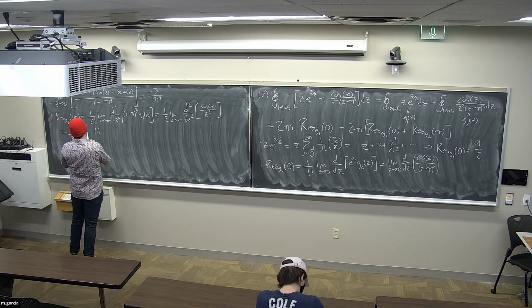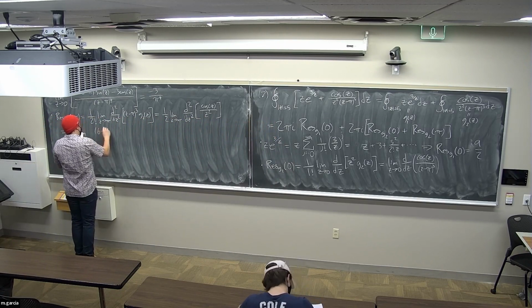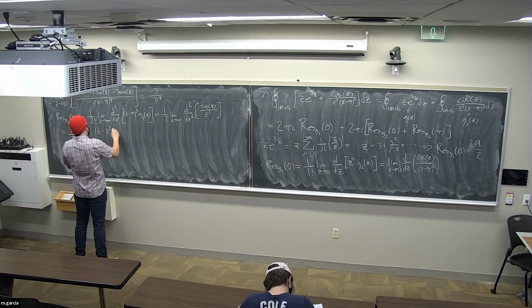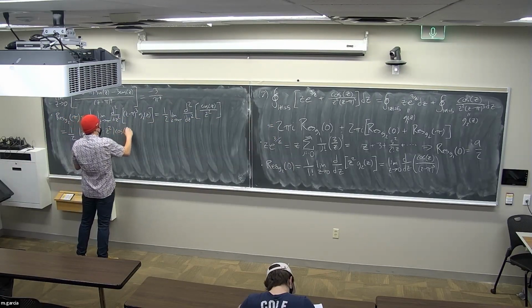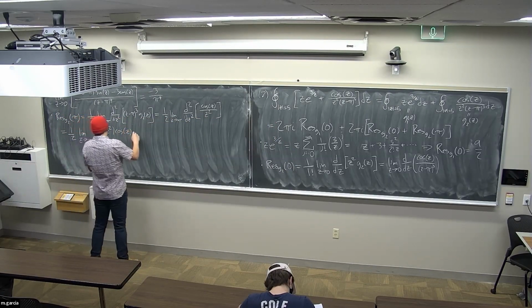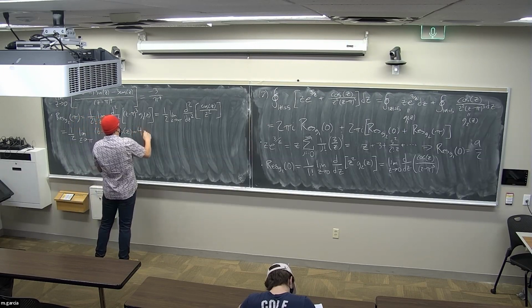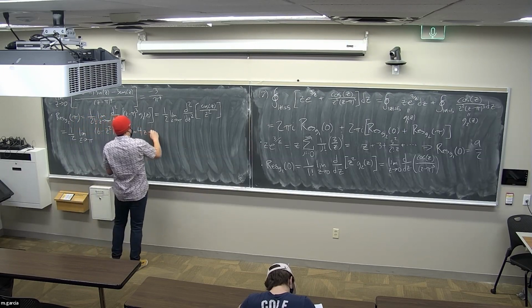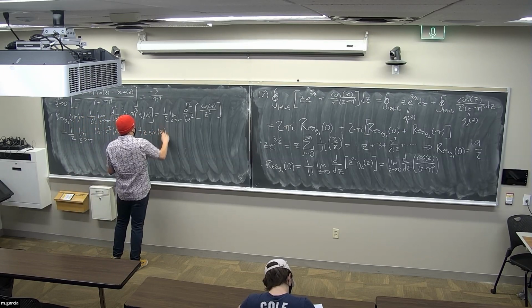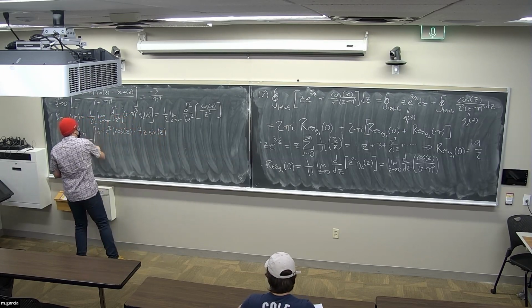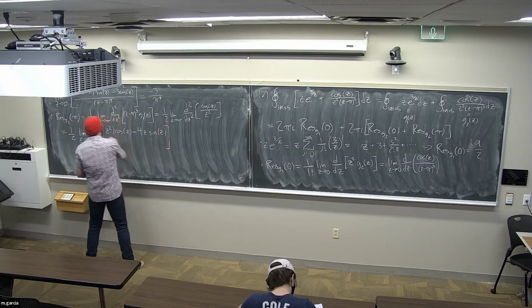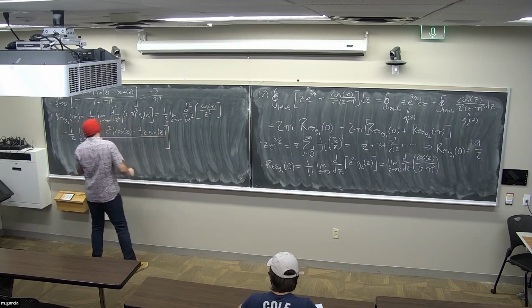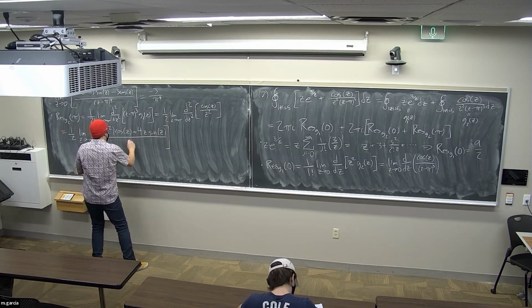I got 6 minus z squared cosine z plus 4z sine z, divided by z to the 4th.